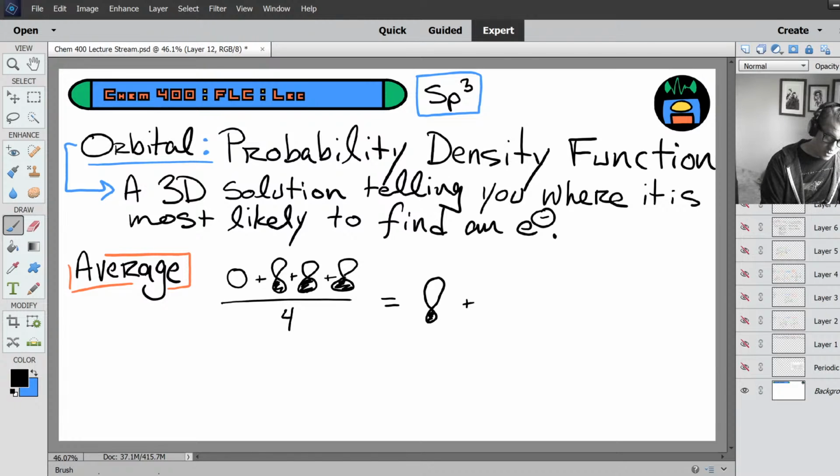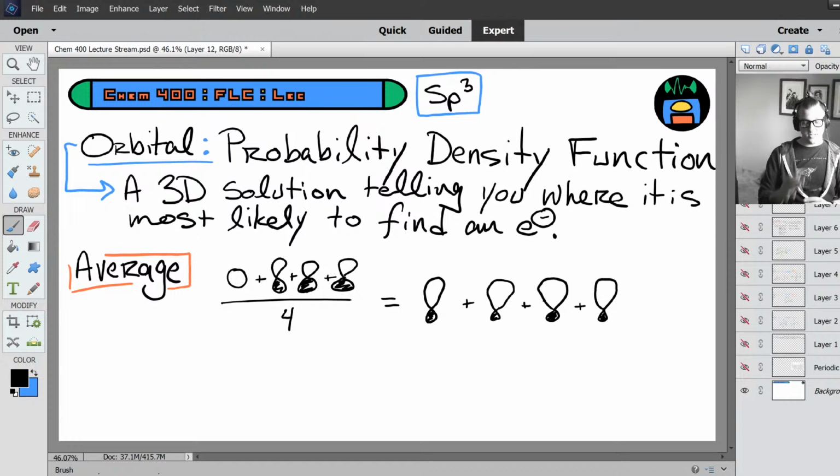They still have 2 lobes, like the p orbitals that were used to calculate them, but one of the lobes is much larger than the other, because the s orbital is just one big ball.